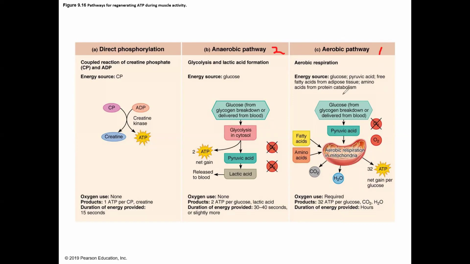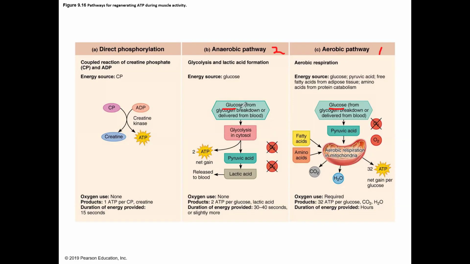So let's just start off at the beginning. Step one of cellular respiration, you take a nutrient. Let's say the nutrient is glucose. Inside the cell, the liquid matrix is called cytosol.